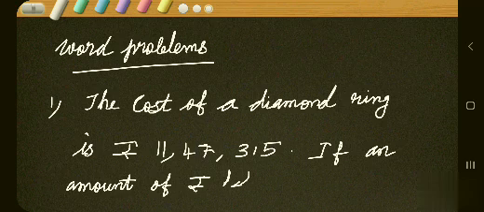Since I am writing on this screen, my handwriting is like this. You should write neatly.